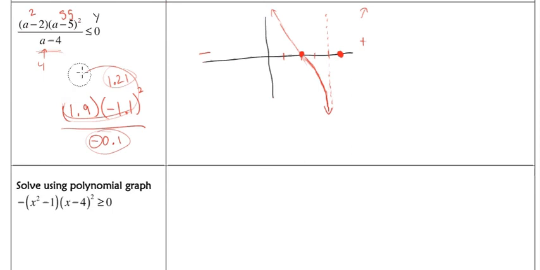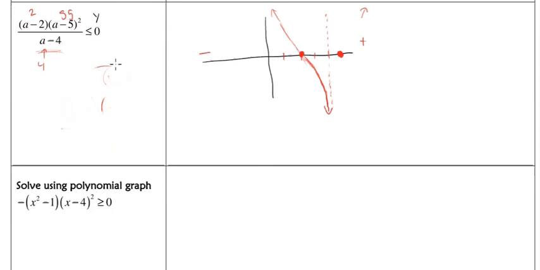Okay, let's think now of some numbers on the other side of our asymptote, because again, we can't actually plug in 4. It gives us undefined right at that a value. But if we plug in numbers that are just slightly bigger than 4, we'll go through that same process. Something slightly bigger than 4, minus 2, so 2.1. I'm thinking of it as plugging in 4.1 for a. It gives us 2.1 times 4.1 minus 5, that's going to be negative 0.9.